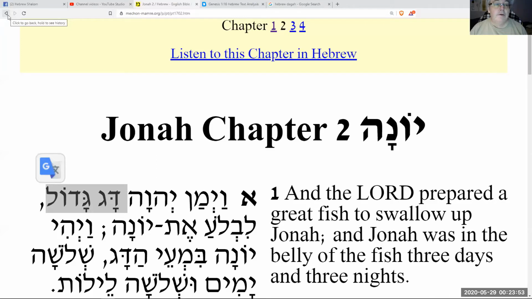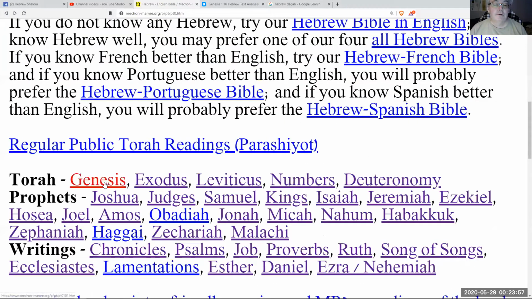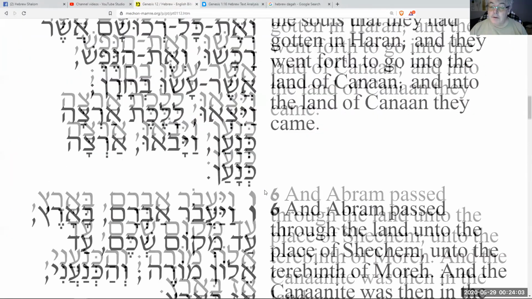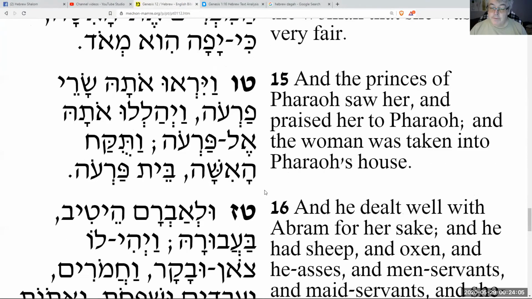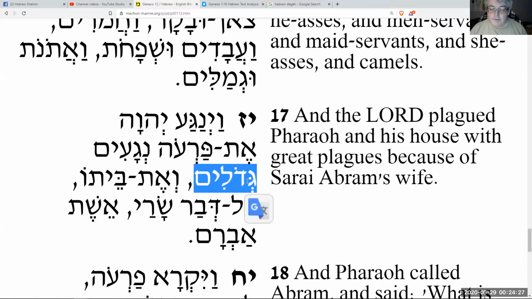So we're going to look at another example here. This time we're going to look at Genesis chapter 12. So we're going in my interlinear Bible here, the one I use anyway. And we go to Genesis chapter 12, verse 17. And you see this word great in verse 17, great plagues. So if you look in the verse, and as your Hebrew gets a little bit better, you'll be able to pick these words out. Here's your gedolim. It's plural, masculine ending.